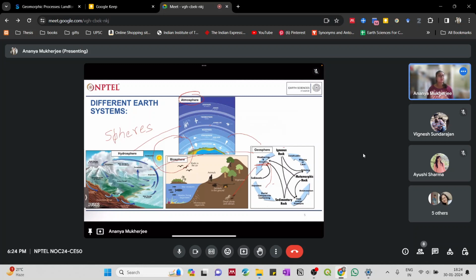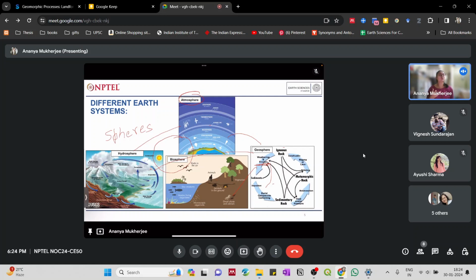Then the hydrosphere: when surface water travels from the area where precipitation has happened and water was collected, it starts flowing towards the sea or any bigger water body. During that transfer of material, a lot of new landforms are created. There is weathering and erosion, so again there is an interaction between the hydrosphere and geosphere.